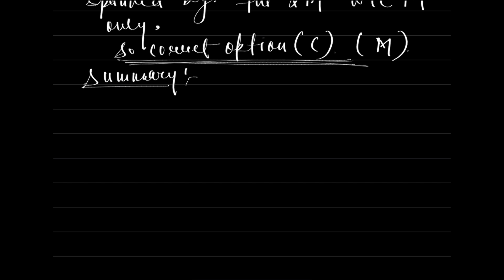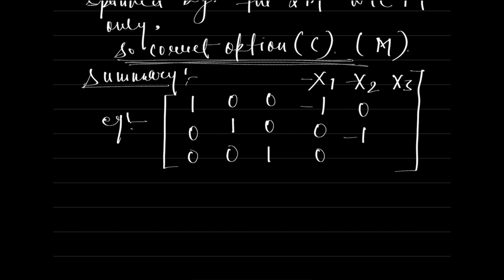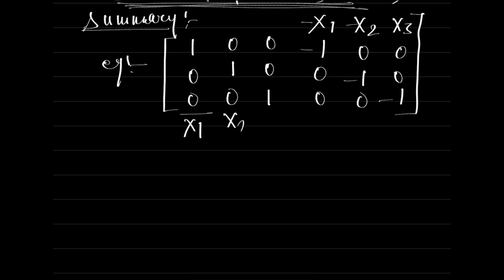Option C is correct. Let us take the example 1 0 0, 0 1 0, 0 0 1, and we will take minus x1, minus x2 and minus x3. Minus x1 will become minus 1 0 0, minus x2 will become 0 minus 1 0, minus x3 will become 0 0 and minus 1. This is x1, this is x2 and this is x3.